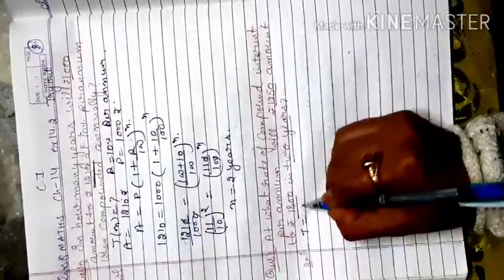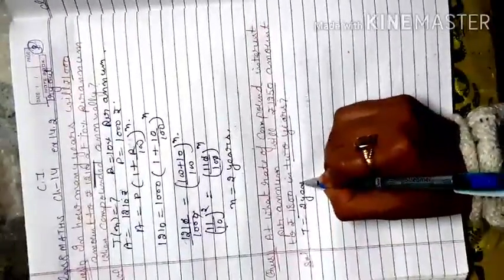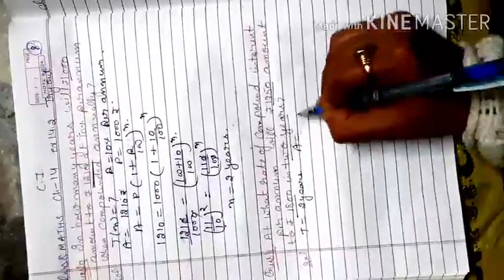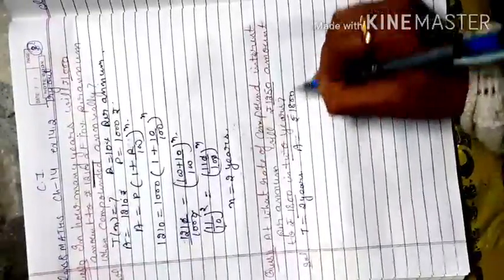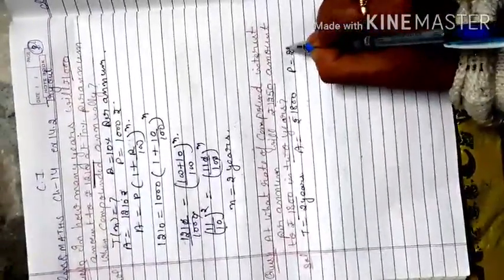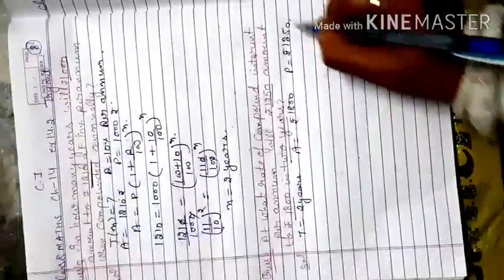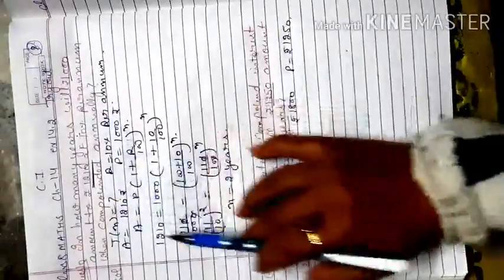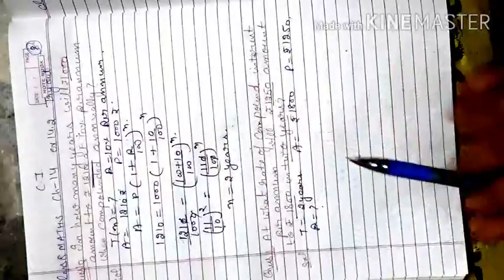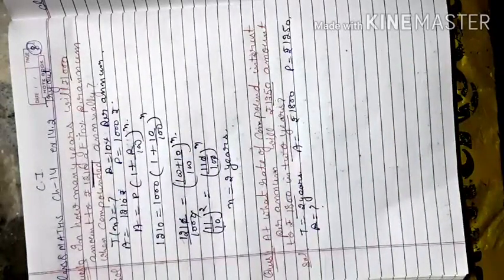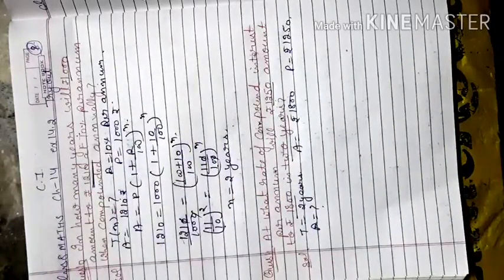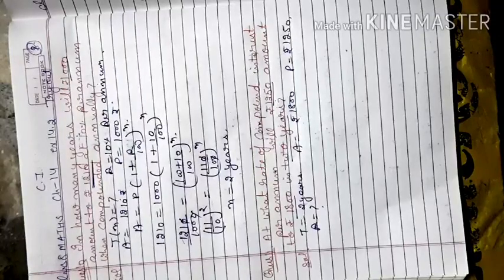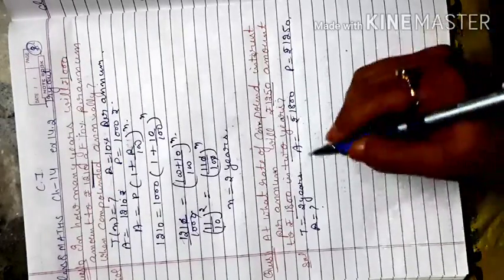So time is equal to 2 years, amount is equal to rupees 1800, principal is equal to rupees 1250, and you have to find the rate percent. So apply the same formula here, the amount formula, and whatever the missing variable is, keep it as the same variable.